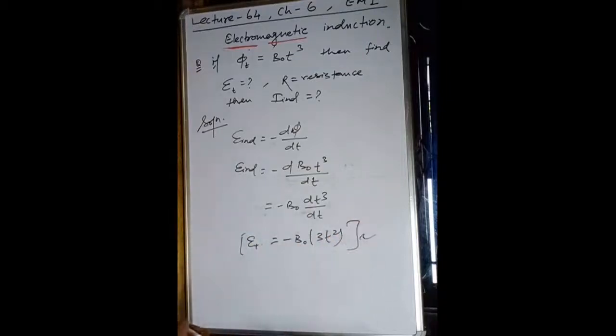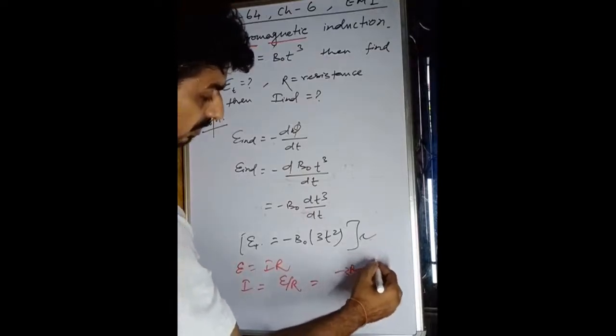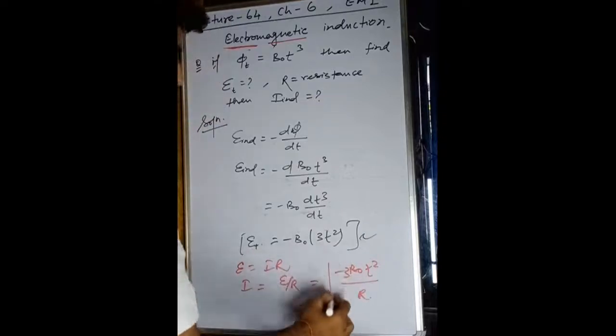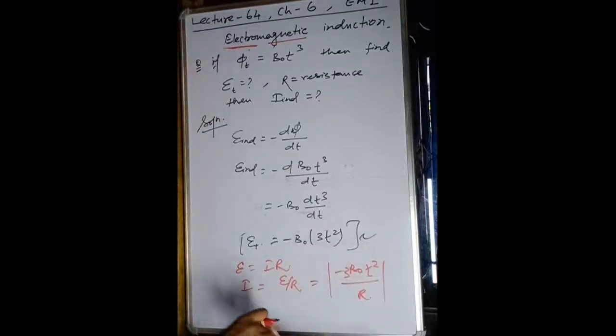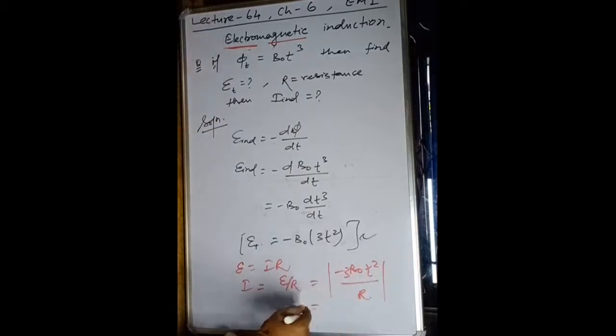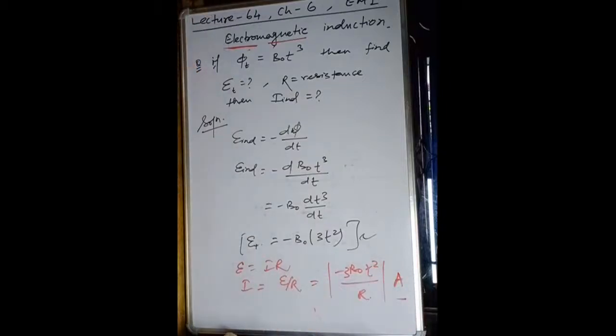You can see this is the answer. Now if R is the resistance, according to Ohm's law, E equals I times R. So I will be E over R, and it is minus 3 B naught t square by R. Remember, this negative sign has no significance. It is only giving the direction. So you can write the mod of this, 3 B naught t square by R, ampere. This is the answer. Okay.